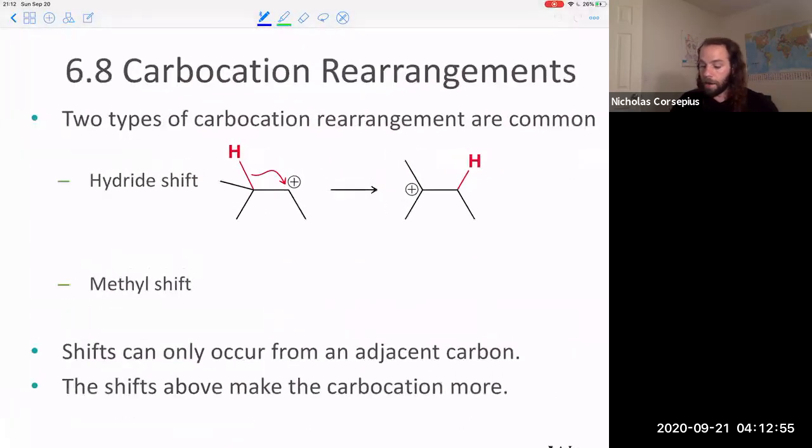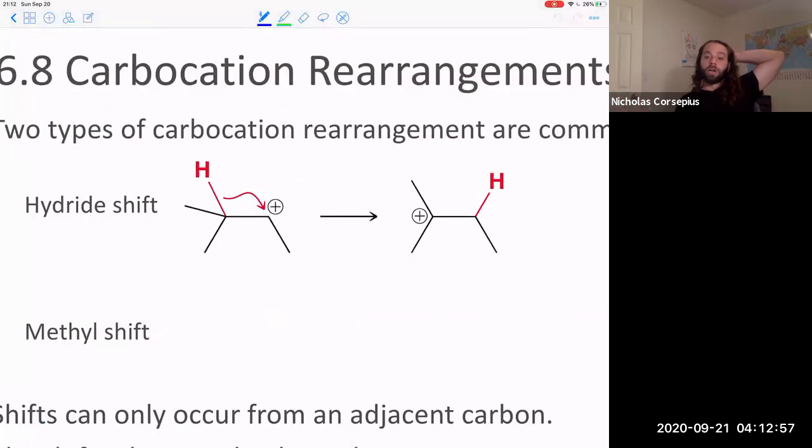Now, 2 types of rearrangements occur with carbocations. The first is a hydride shift. So let's see if we can figure out what's going on here. Here we have a carbocation, and right next door is a secondary carbon.